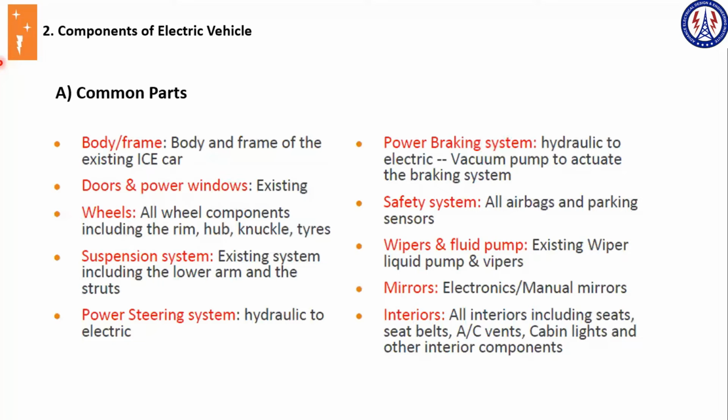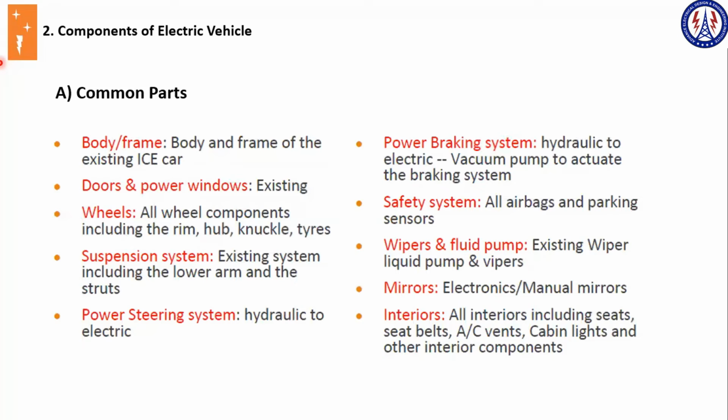The first part is the body frame, right? Which is required in both the vehicles. Might be the weight of the body is different, but the frame is required. Then there are doors and power windows. Obviously, these are also required. This is the common one. Then wheels, right?